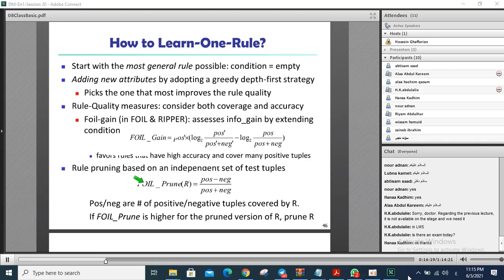Using this measure, we can choose some rules with high accuracy and with a very good coverage. But I'm trying to cover more rules, more tuples.